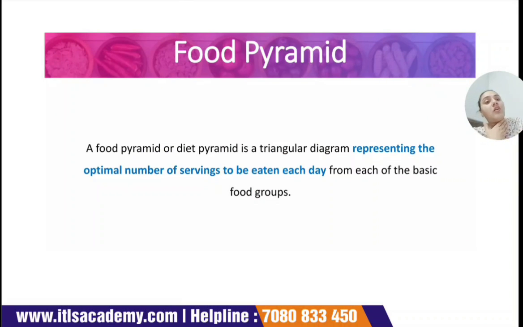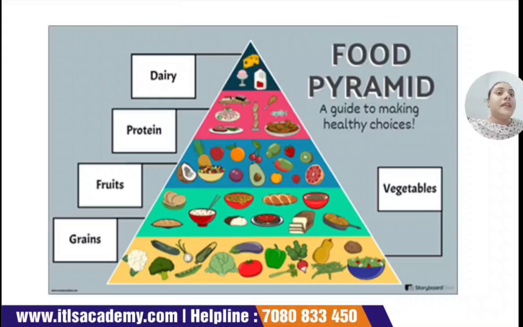Okay, now comes the food pyramid. So what is a food pyramid? A food pyramid, or diet pyramid, is a triangular diagram representing the optimum number of servings to be eaten each day. It shows how much food you should eat in a day. Let us understand this.